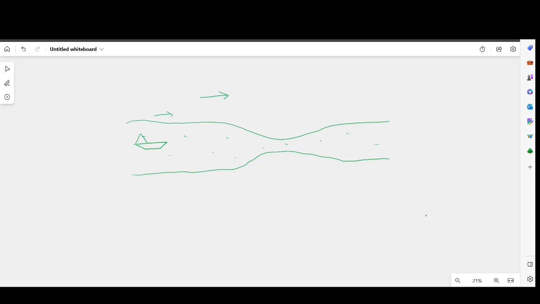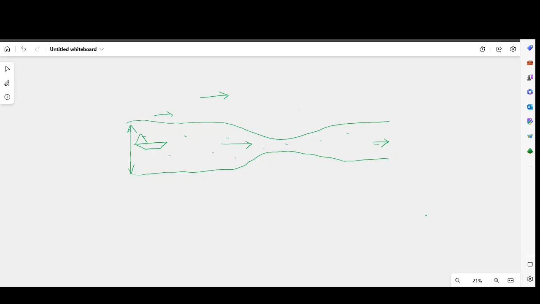We will observe that the speed of the boat is smaller in the areas where the width is larger, and as it approaches the narrower parts the speed of the boat increases, and again as it enters the broader parts the speed of the boat decreases.